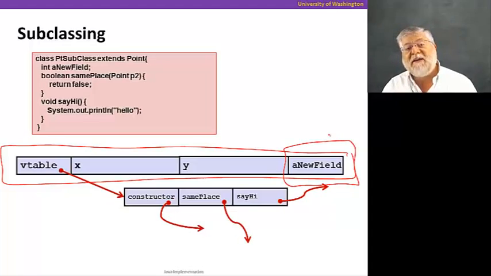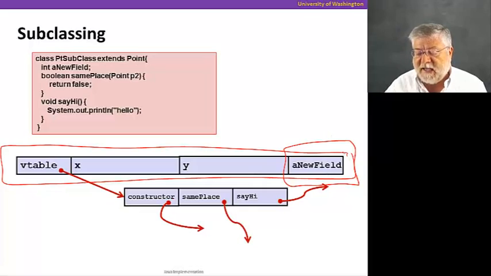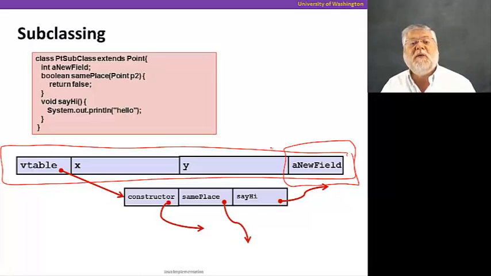So when we allocate space for this object, we need a little bit more space to also be able to store a new field. The reason we tack it on at the end is that if we ever want to cast this as a point, we don't have to worry about the offsets being different than they were before, so that x and y are still in the same relative positions.